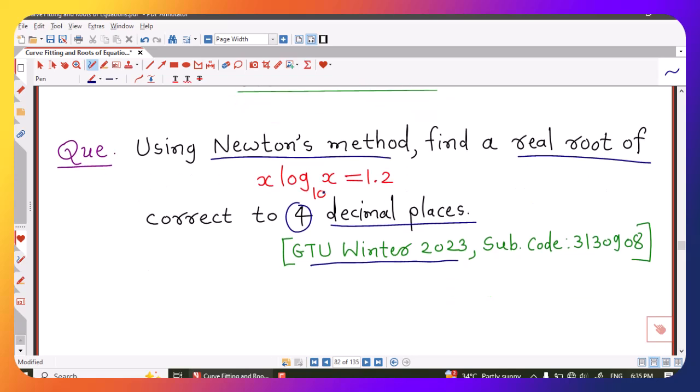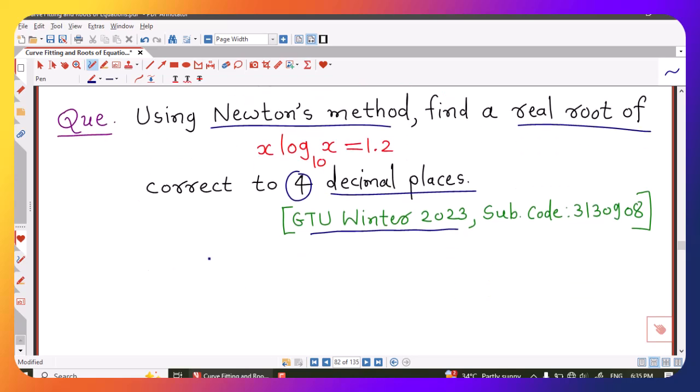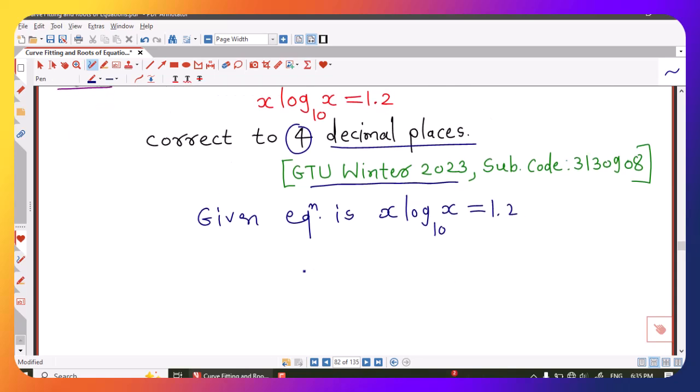So first we will rewrite our equation in another form. We can write that given equation is x times log x base 10 equal to 1.2. Therefore I can rewrite this as x log x base 10 minus 1.2 equal to 0.